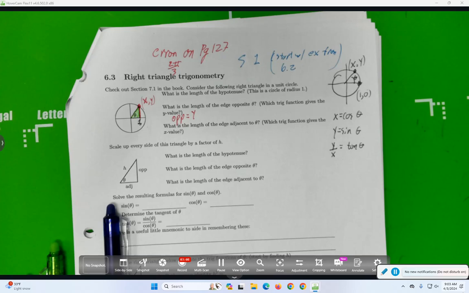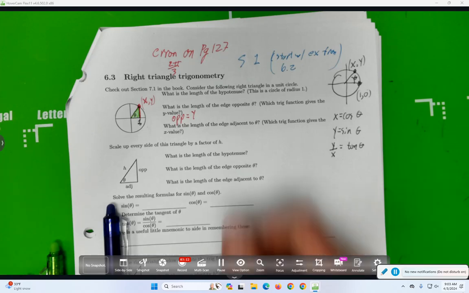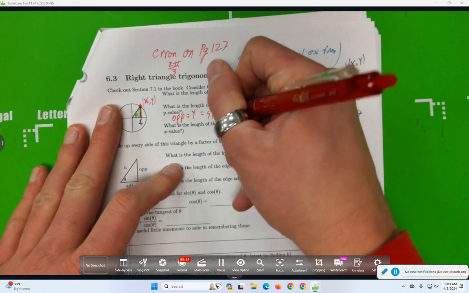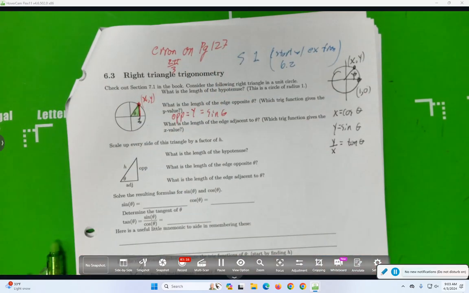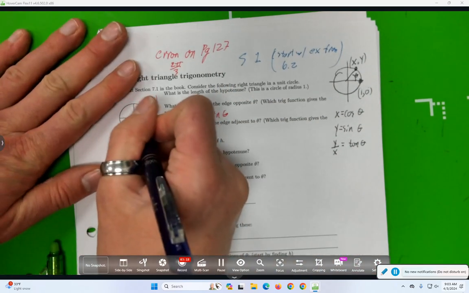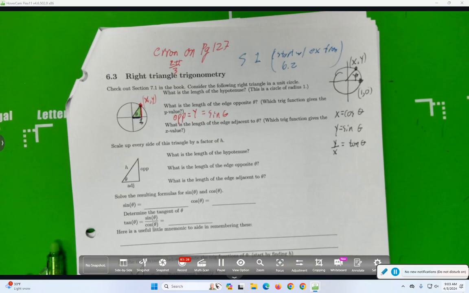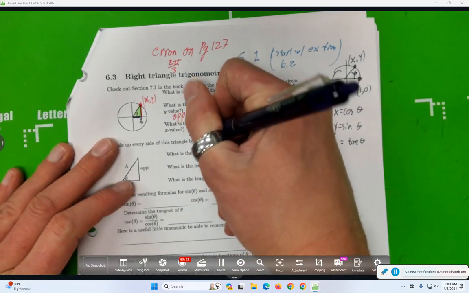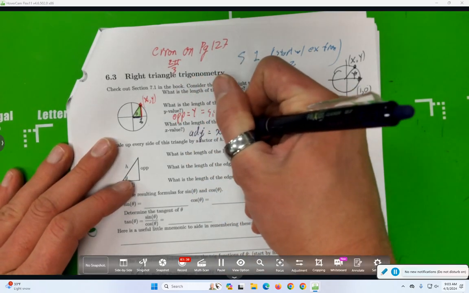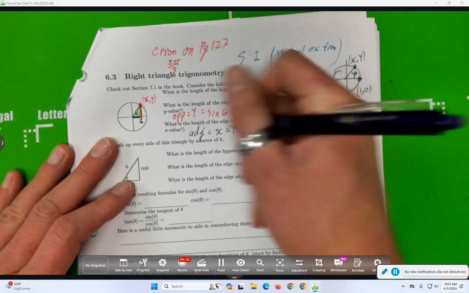But what trig function gives you that y value? By the exact same logic, what is the length of that side adjacent to theta? That adjacent side has length x. Well, that's the cosine of theta.